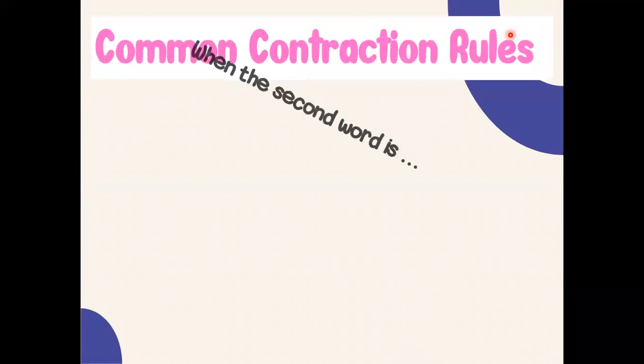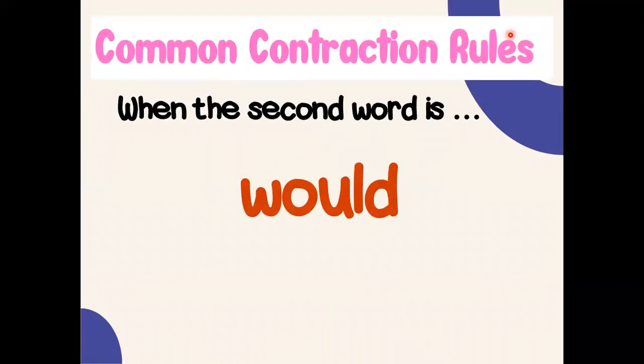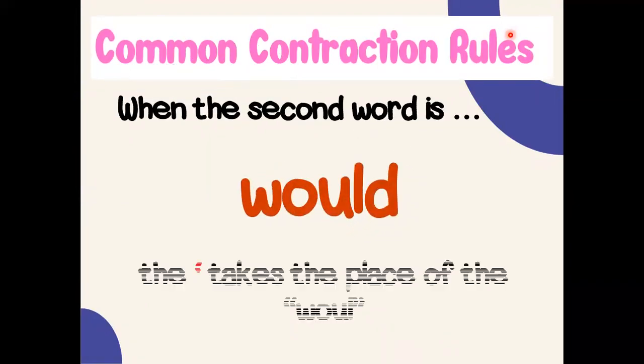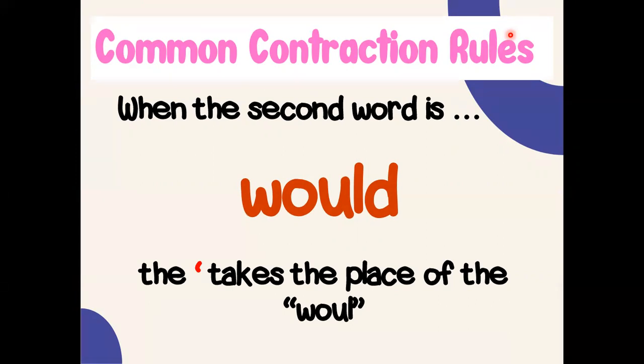Another contraction rule. Okay, when the second word is would, the apostrophe takes the place of the W-O-U-L. This time, it's already four letters. Let's see how to do this.